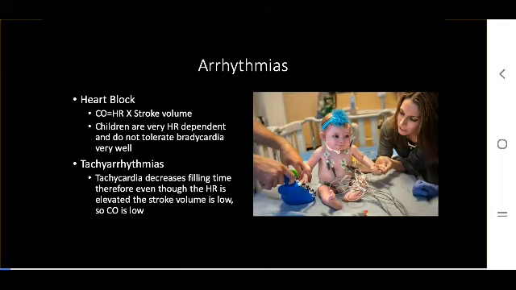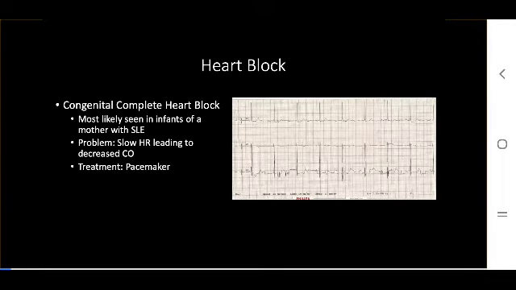So that's with arrhythmias. If we look specifically at heart block, it's congenital, a complete heart block. I've shown an EKG on the screen. You see that the P waves run through, and we have basically either a septal escape rhythm or a ventricular escape rhythm.